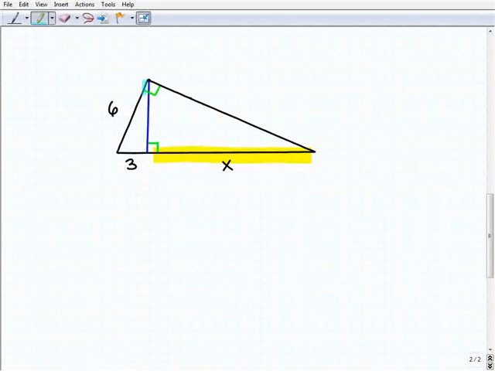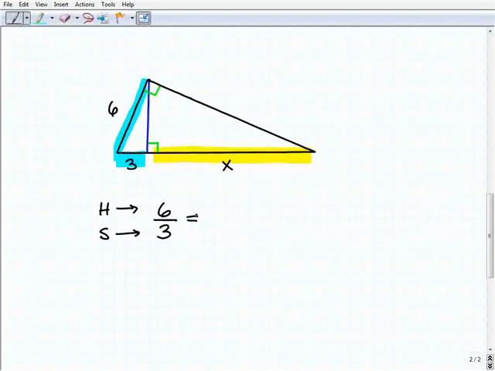So I'm looking at the small triangle, and I see I have this side and I have this side. That would be the hypotenuse over the small side. So this is the hypotenuse, and this is the small leg or side of that right triangle. Once again, I'm looking at the smallest triangle here.